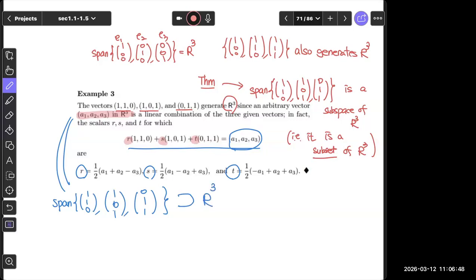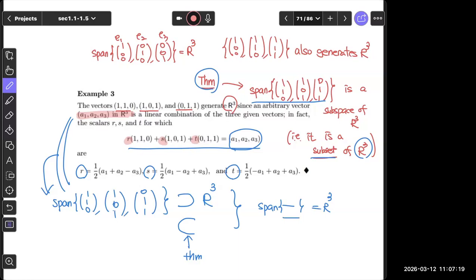And the previous theorem implies that this span is a subset of R3. So this part proves this, and this direction comes from the previous theorem. By combining these two, the span of those three vectors equals R3 space. This is how we prove that these three vectors generate R3 space.